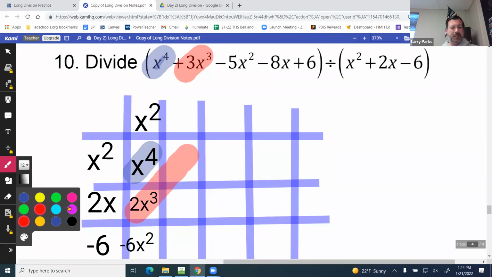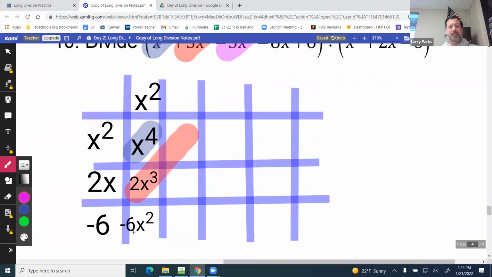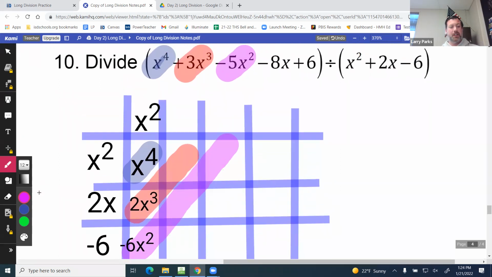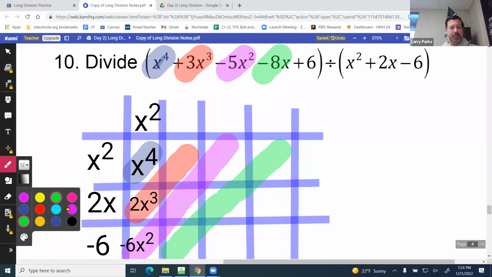And then to get this, it's going to be this diagonal. And then to get negative 8x, that's going to be this diagonal. And then finally to get 6, what color did I not use? To get 6, it's going to be this diagonal.